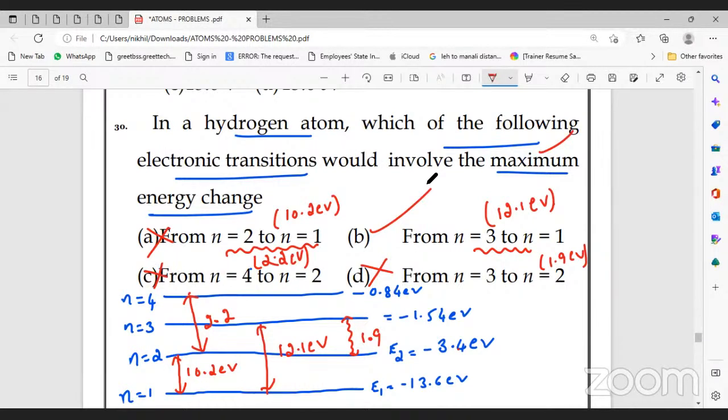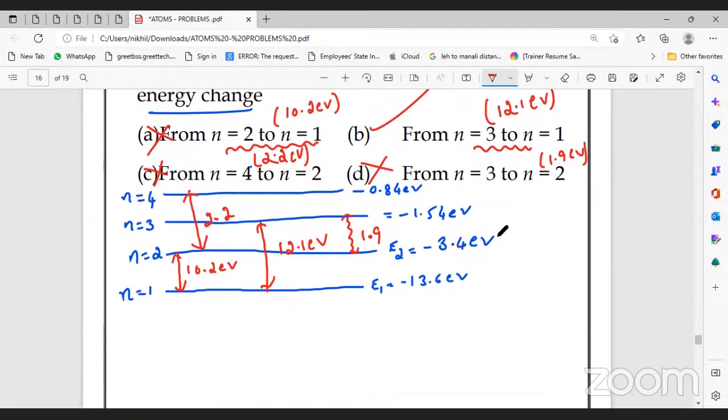If the electron is taking a transition from 3 to 1, the maximum energy is going to be involved. That is 12.1 electron volt. So option B is the correct answer.